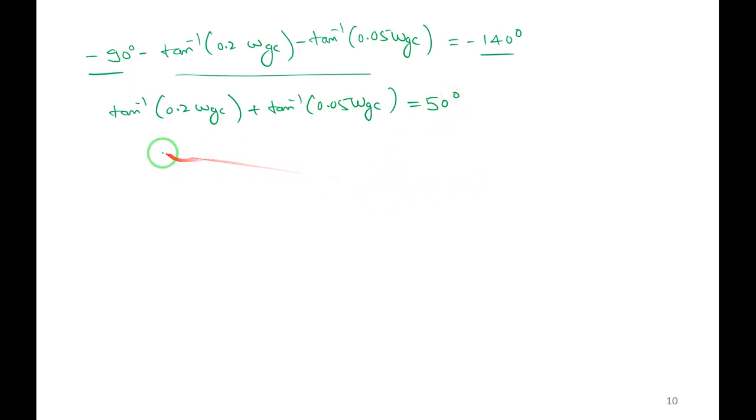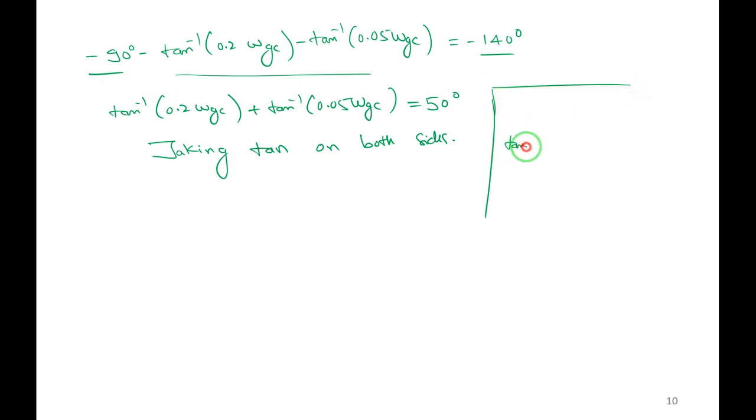Next, taking tan on both sides. So now it is mathematical steps, taking tan on both sides. So what is the tan of A plus B formula? Can anyone tell?